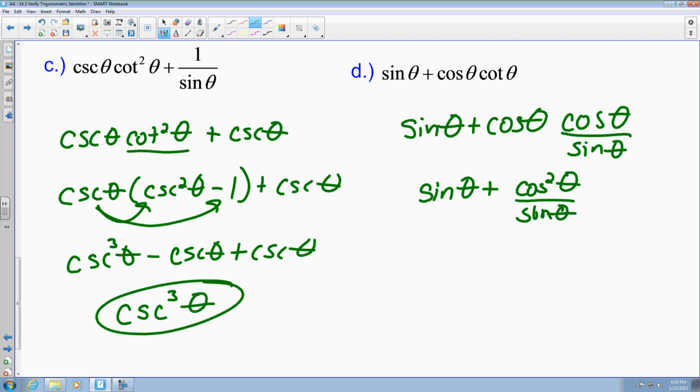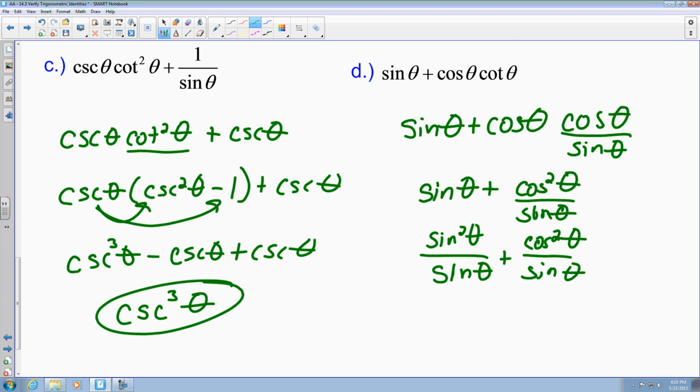The way I can combine them is by finding my least common denominator. My least common denominator in this case is going to be sine of theta. So I can write this as sine of theta in both of my denominators. Since I multiplied the denominator by sine of theta, I must do that to the top, so that leaves me with sine squared of theta. I didn't do anything with this one, so I can just leave it as cosine theta.